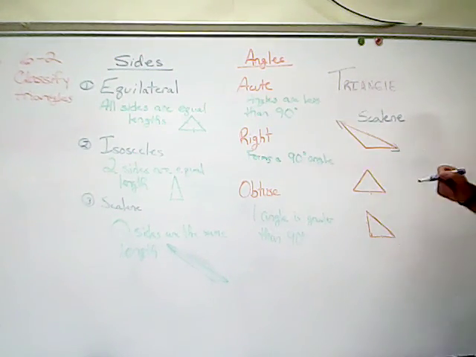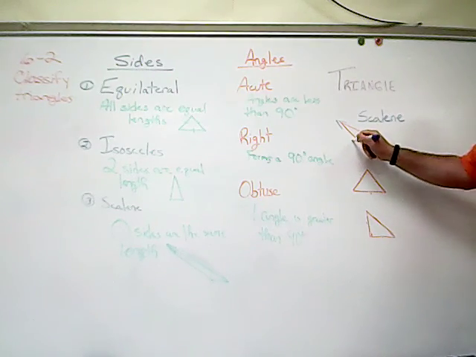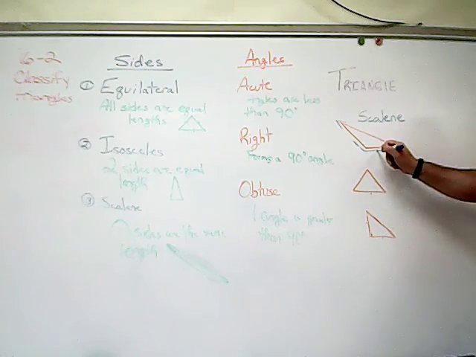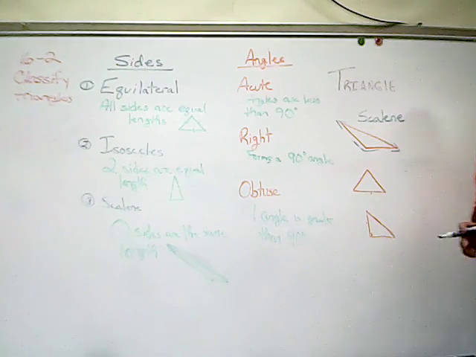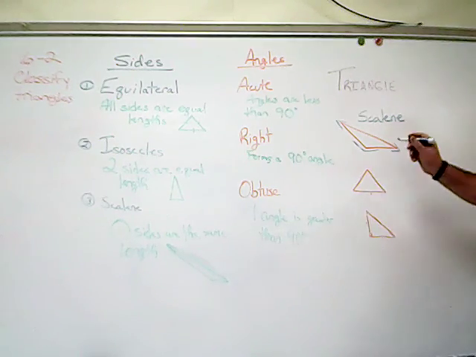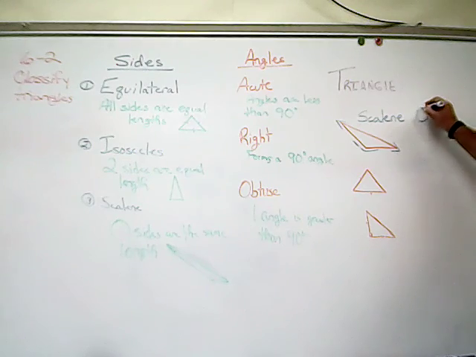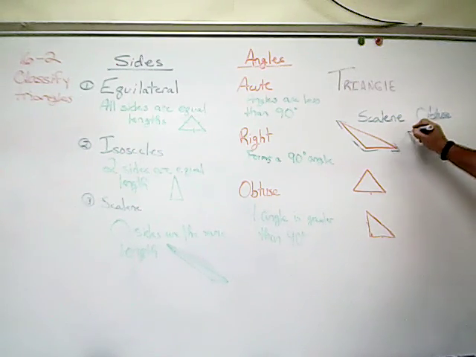This angle here is an acute angle. However, this angle right here is an obtuse angle. This angle is greater than 90 degrees. So I found an angle that is greater than 90. I only need to find one to make it an obtuse triangle. So we have a scalene, obtuse triangle.